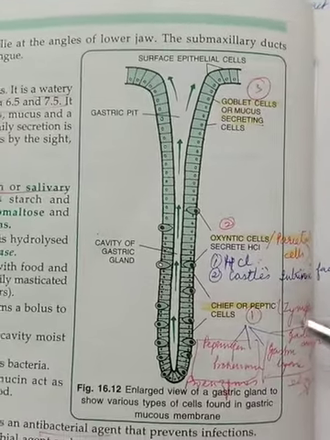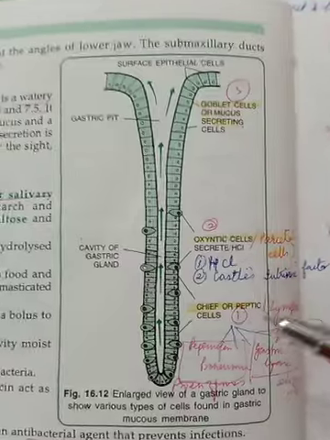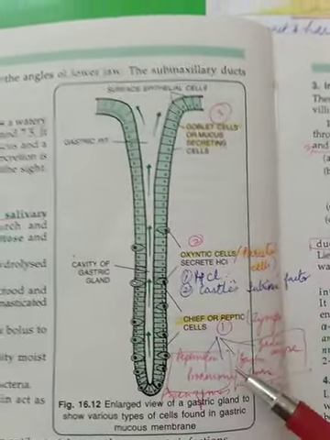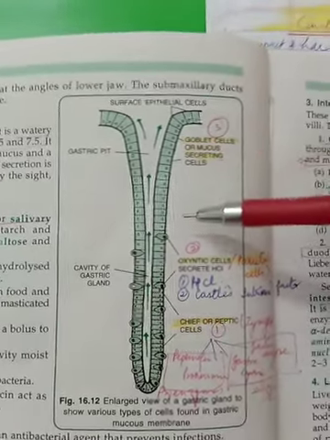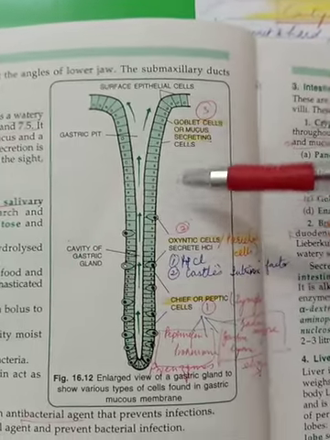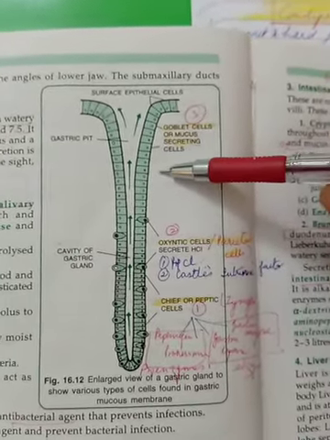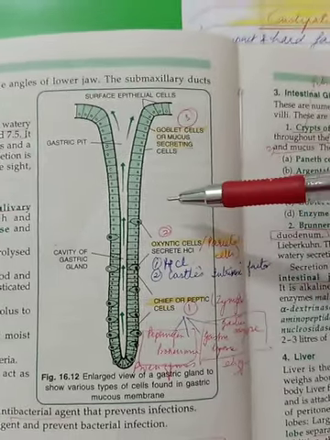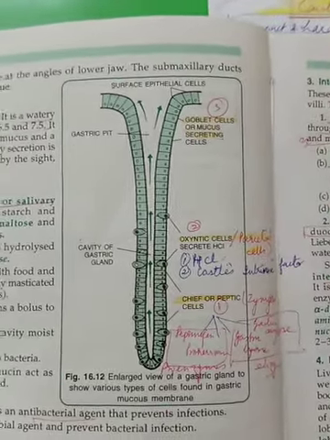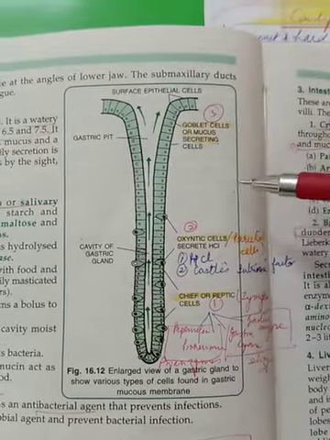As I already told you, the fourth and fifth types are not shown in the diagram, but they are present, right? So argentaffin cells secrete a substance we call serotonin, which is a vasoconstrictor. That means it stimulates the constriction of the smooth muscles.